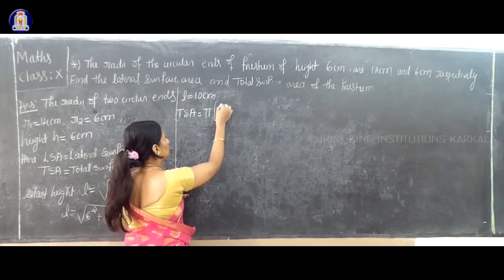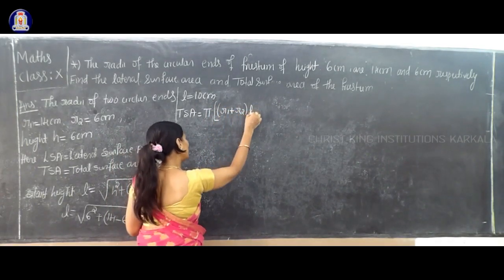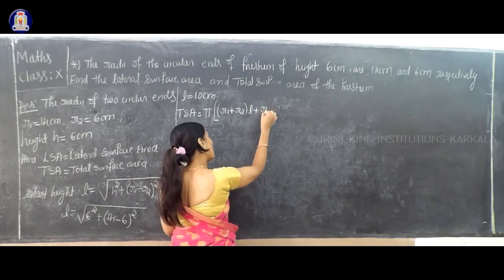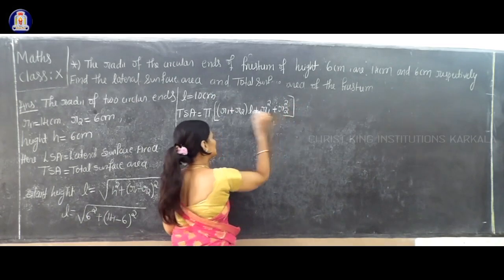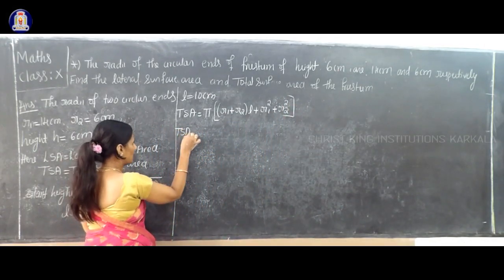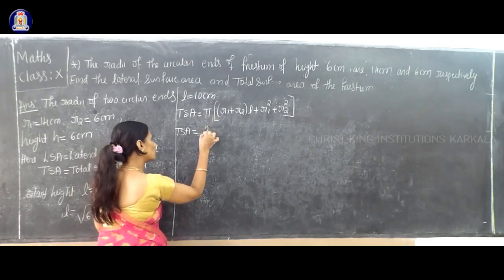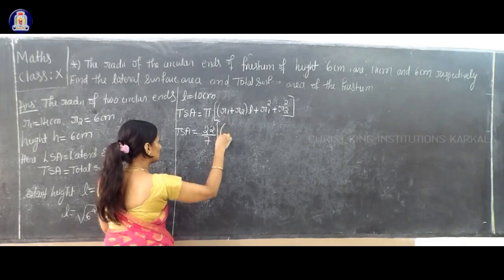Pi into R1 plus R2 into L plus R1 square plus R2 square. Correct? No? This is your formula. The substitution. Total surface area is equal to pi is what? 22 by 7 into this one.